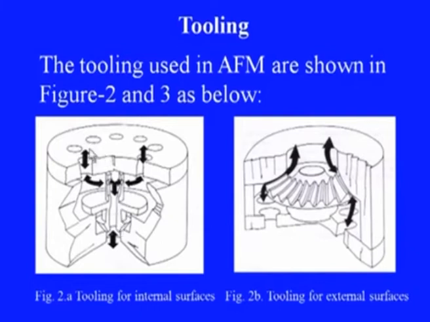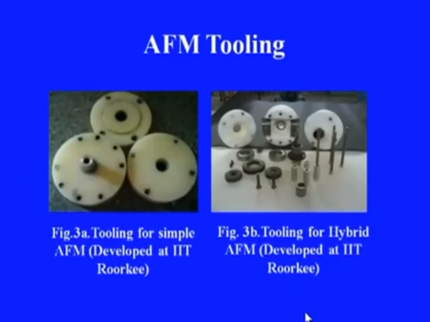Media is directed through different passages in this solid tooling and allowed to flow through this workpiece, and while flowing it comes in contact with the internal surfaces of the workpiece, and the abrasives cause abrasion on the work surface, thereby improving the surface finish.